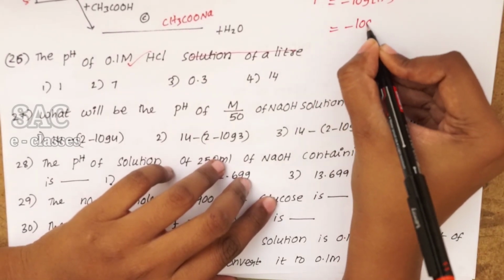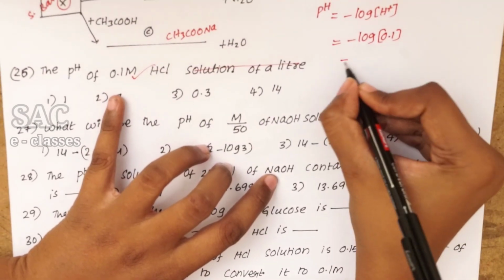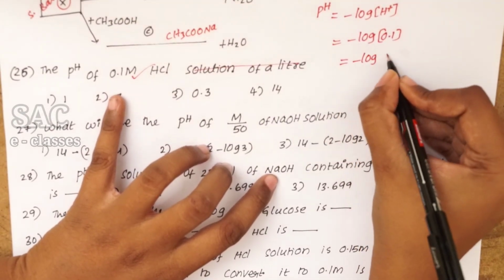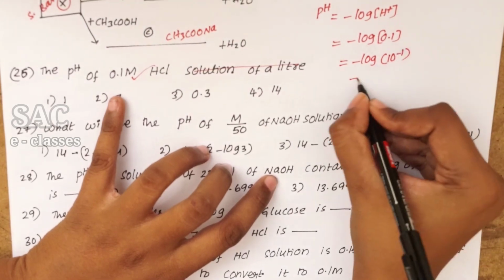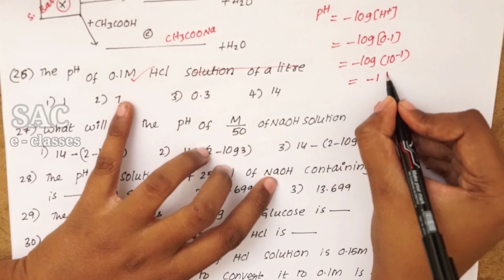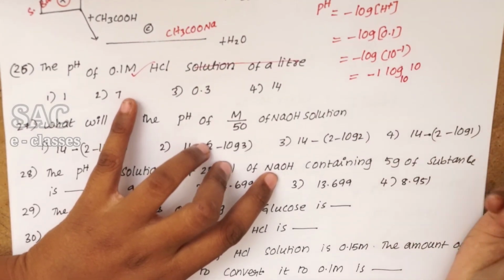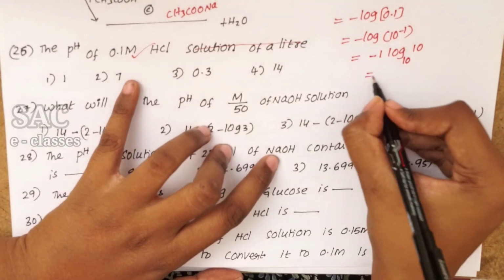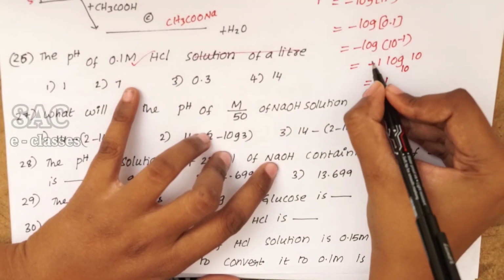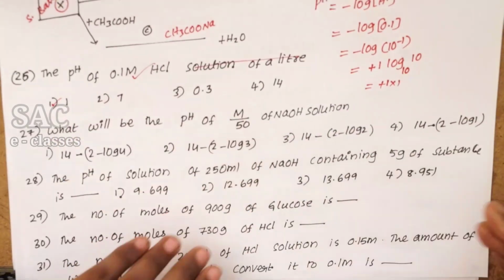The H plus ion concentration is 0.1, and we can write 0.1 as 10 to the power of minus 1. Then minus 1 into log 10 to the base 10, which is minus 1 into minus 1, it's plus 1. So pH is equal to 1.